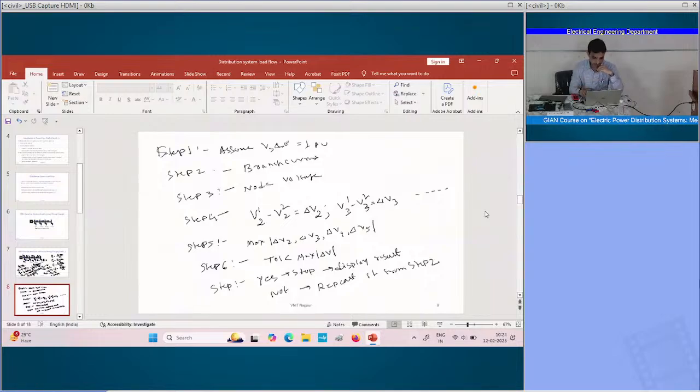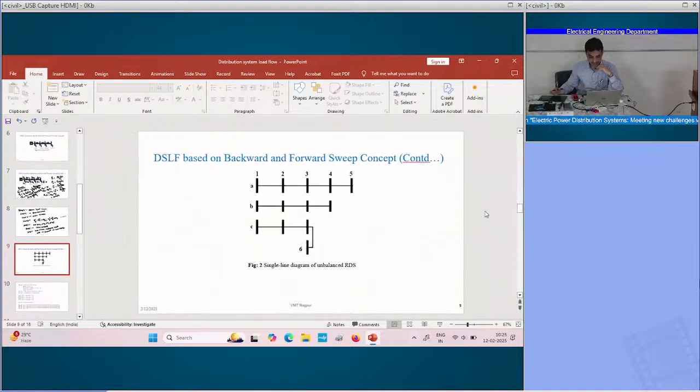Now if we go for the three-phase structure, and consider this is a three-phase line with phases A, B, C, everything is well and fine from node 1 to 2. Similarly for node 2 to 3 also it's okay, but from node 3 to 4 we can see there are only two lines, whereas for node 4 to 5 it's a single line. Similarly 3 to 6 is also a single line.